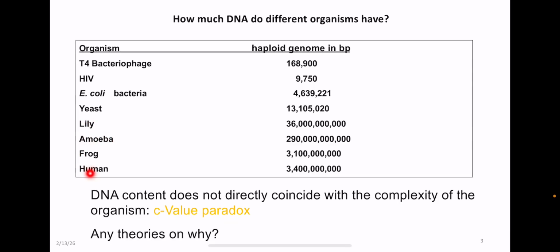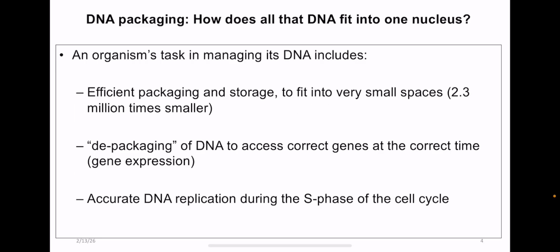We know humans are way more complex than amoeba, but look at the haploid genome in base pairs: amoeba has over 290 billion, and humans have only 3 billion. So DNA content is not directly proportional to your genome complexity.